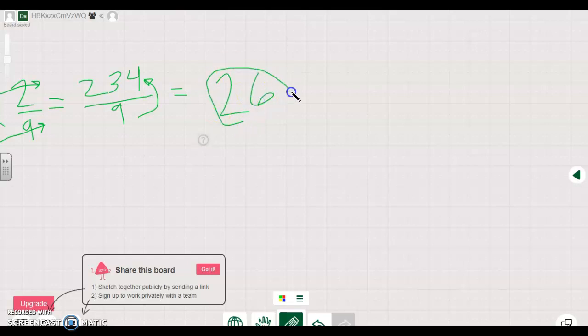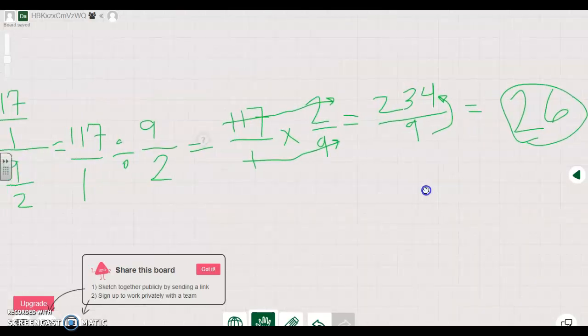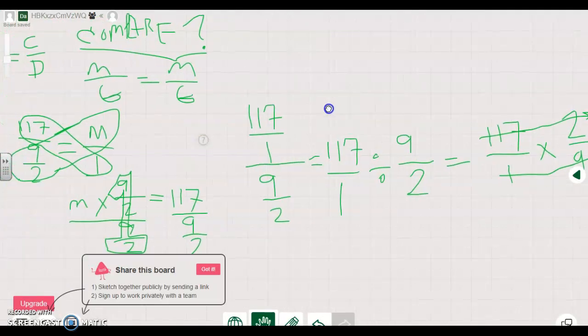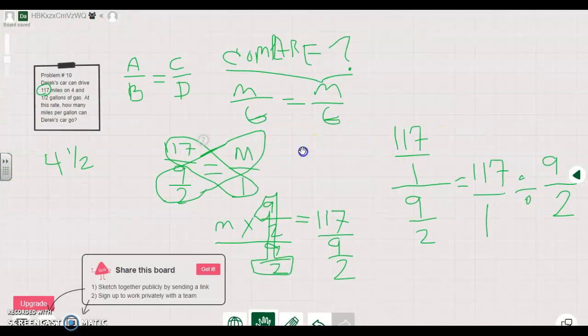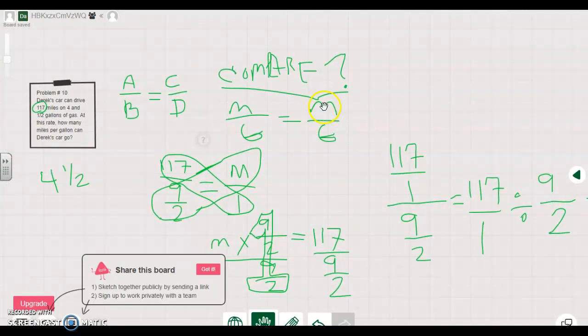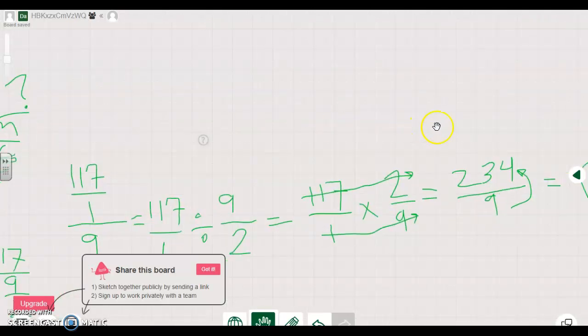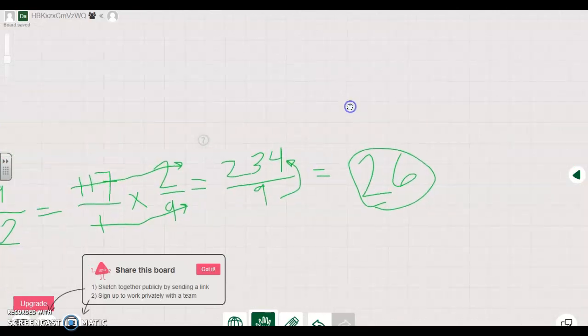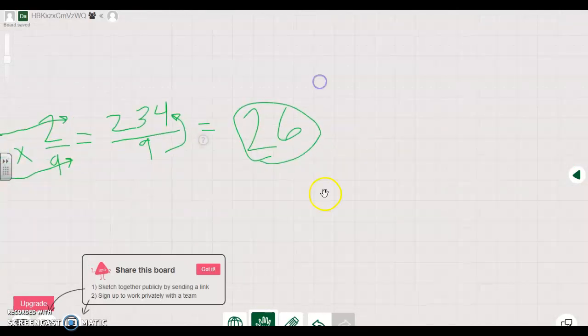Make sure that you know what 26 means. Yes, the answer is 26, but 26 what? So I'm going to scroll back over here just a second. What did we say we were comparing? Miles per gallon. So the gas mileage on his car is 26 miles per gallon.